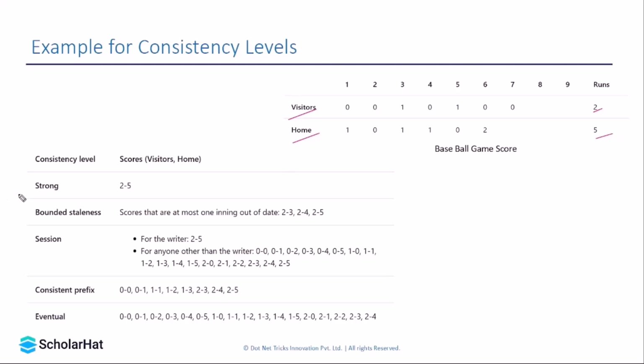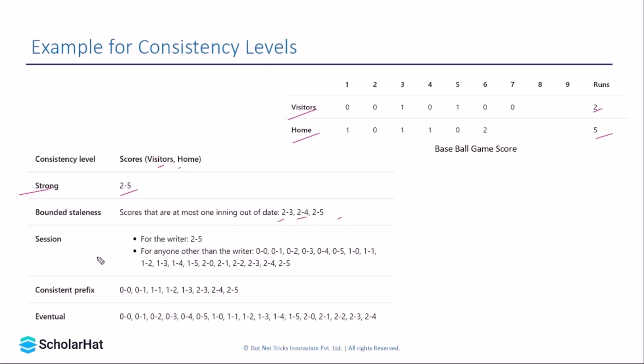Since we have discussed that strong provides the most updated write, in that case 2 by 5 is displayed to the end user in terms of visitor and home. Bounded staleness will display a record after a couple of intervals or innings. So you can say there is a consistency around this, that is 2-3, 2-4, and 2-5.